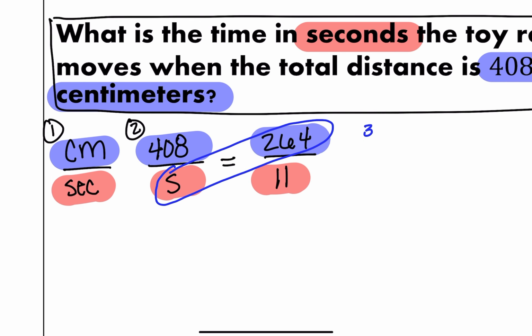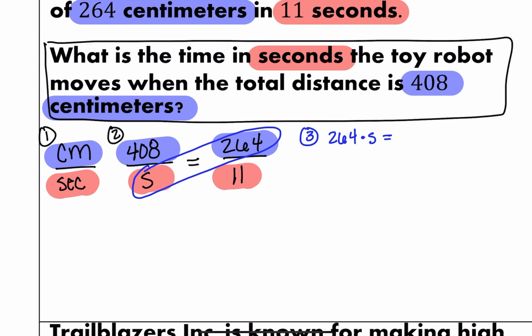So step 3, 264 times S is just 264S. Then you're going to do the same thing, 408 times 11. So you have 408 times 11 is 4,488.